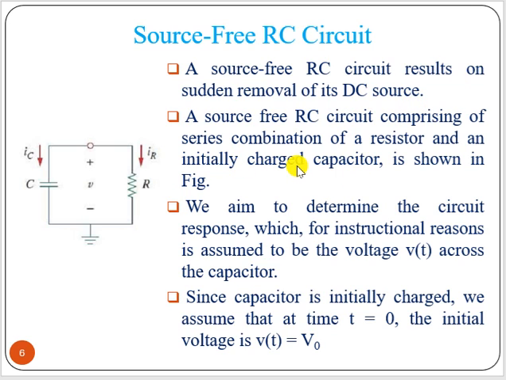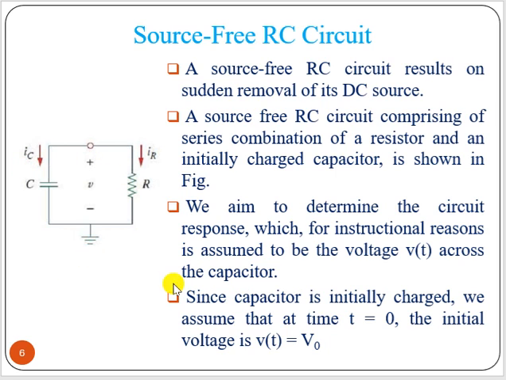Consider a source free RC circuit comprising a series combination of a resistor and an initially charged capacitor. Now we aim to determine the circuit response, which for instructional reasons is assumed to be the voltage across the capacitor, but we can find out VR, IR, IC also.